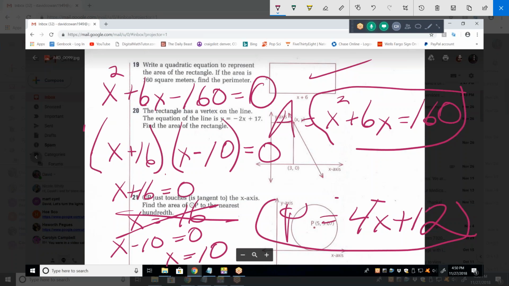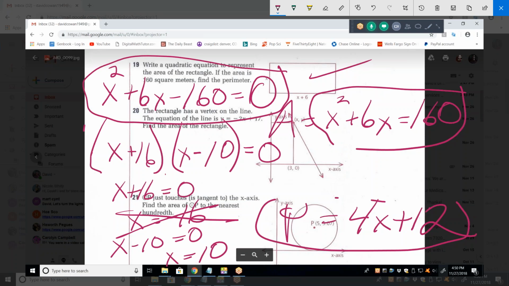Because that fundamental rule of algebra says that if two things are multiplied together equals 0, one of them has to be 0. It doesn't say both of them have to be 0. Both solutions, negative 16 and positive 10, work in that quadratic. They both satisfy that.